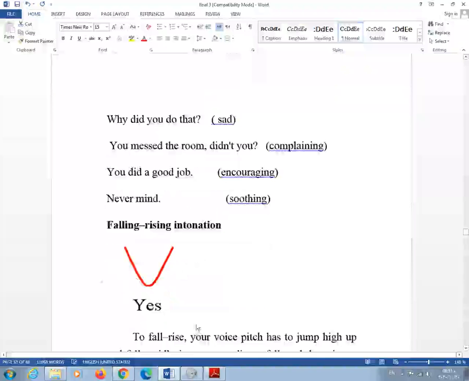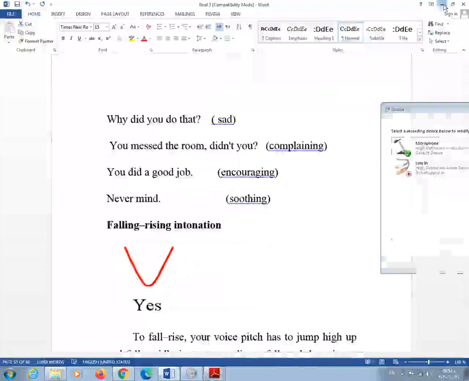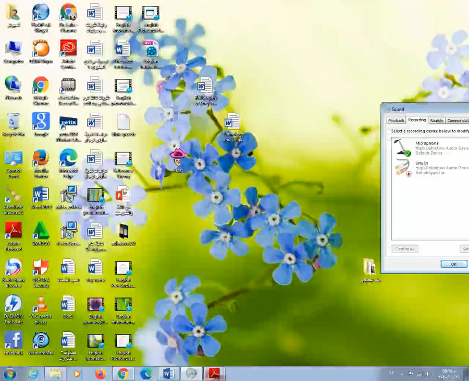Okay, but before leaving, let me show you something. But let's first see how things go with the mic. Yes, it's working. I want to show you these tones, falling intonation and rising intonation, on a computer program called Praat. This is the icon.